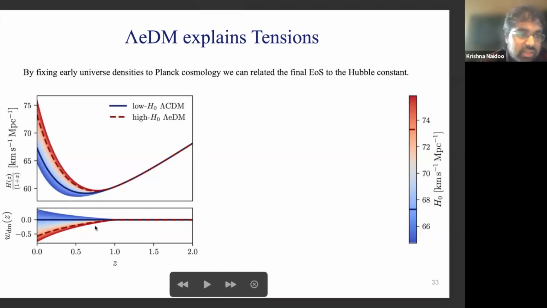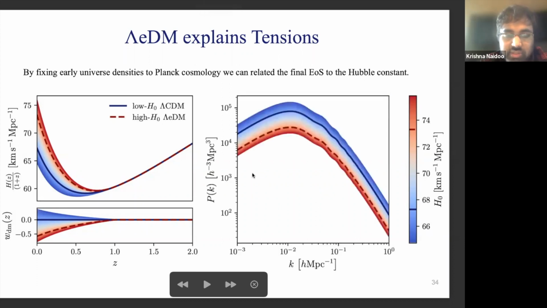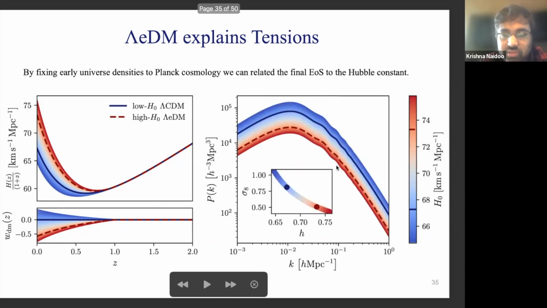What you see is, if dark matter's equation of state is negative, then we get an increase in the Hubble constant, and also a decrease in the amplitude of the power spectrum, which directly leads to sigma 8. So you naturally tie these two parameters together, and these two tensions together.